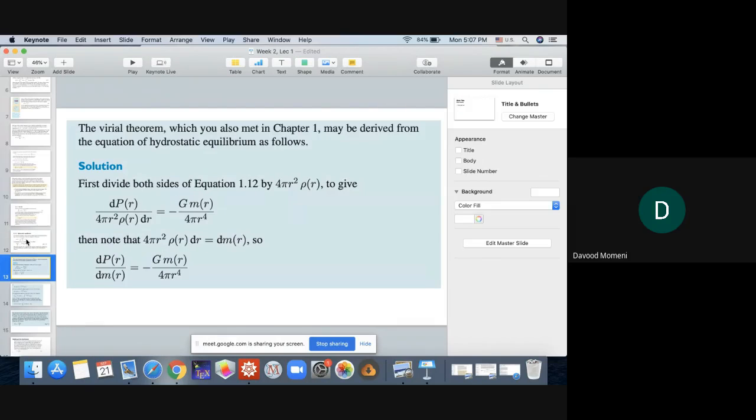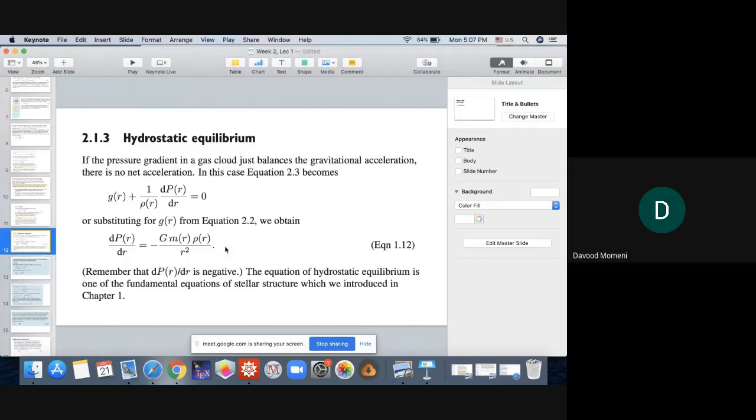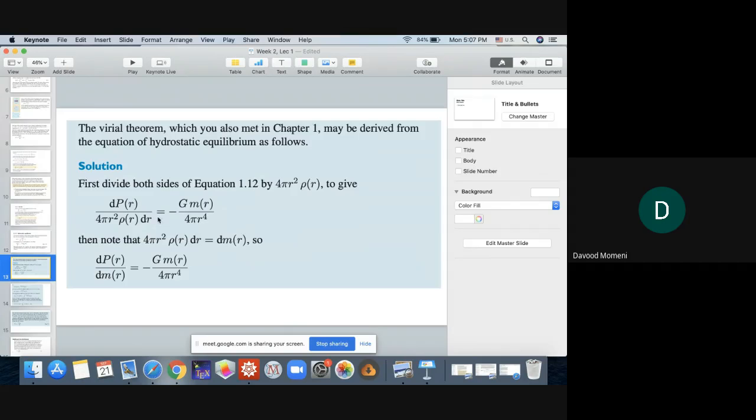It is just to show that this equation gives you the same predictions as we get from the virial theorem. You can do simple algebra and rewrite this equation in the following form, putting whatever is related to the pressure close to the pressure, and whatever is related to the mass, like radius, here.